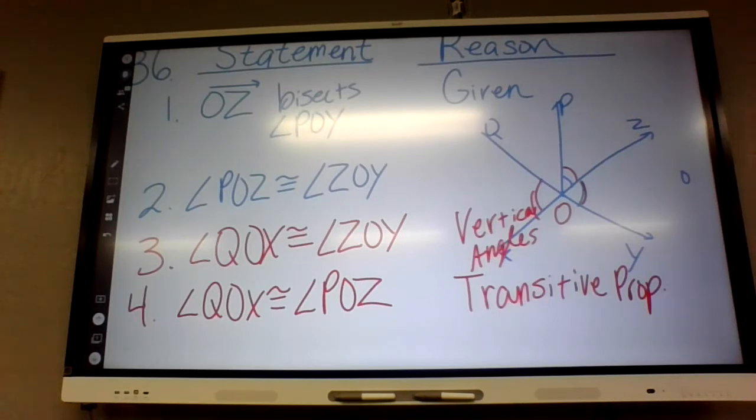So 96 minus 29. What is it? You're almost done.